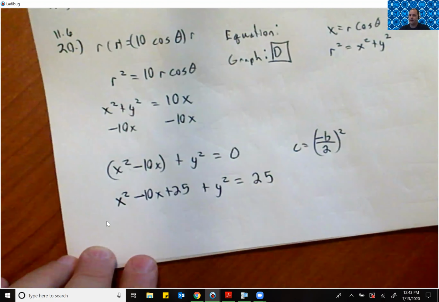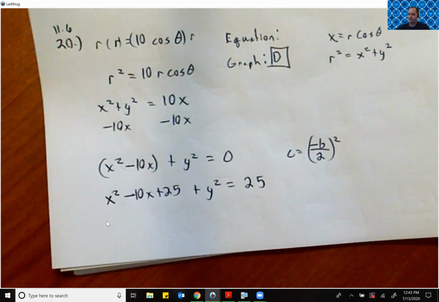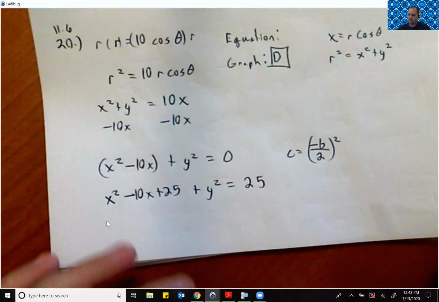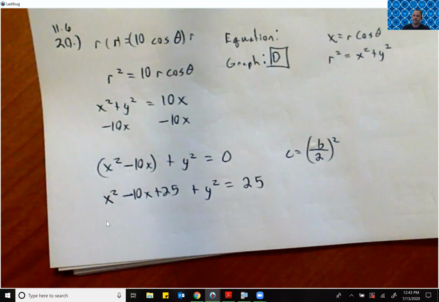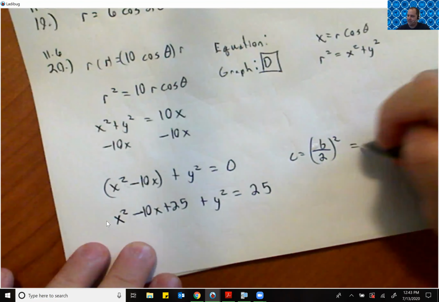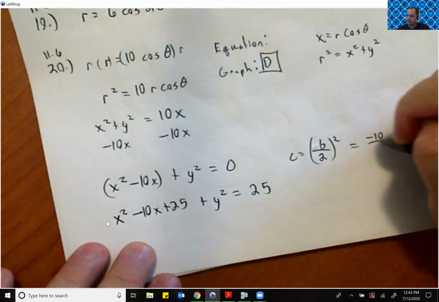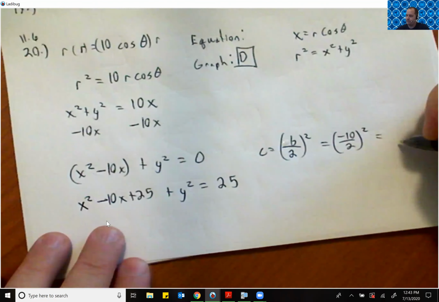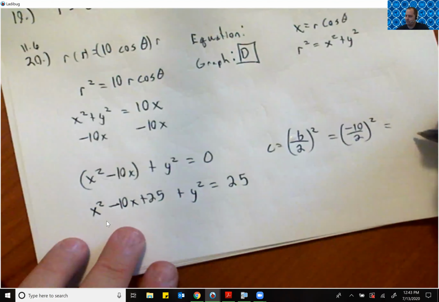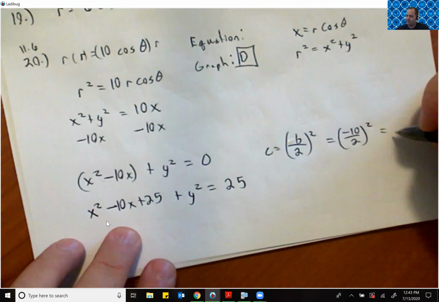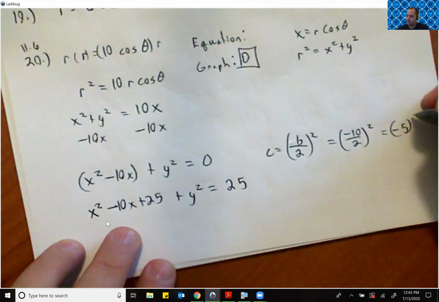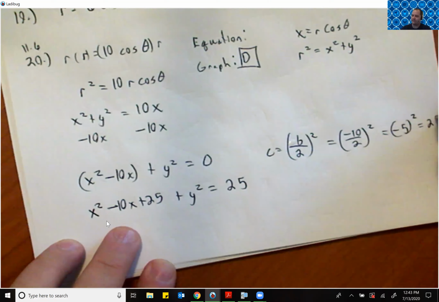No opposite there. So when you took 10, divided it by 2, and squared it, that gave you negative 5 squared, which was 25. That's where that 25 came from.